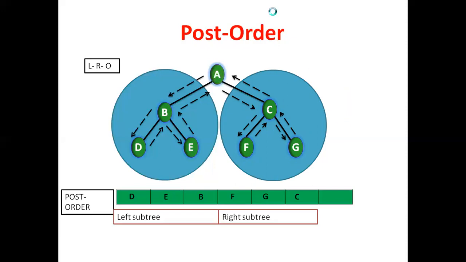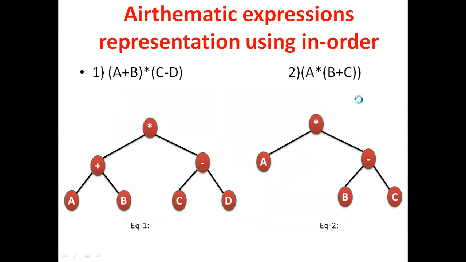So A is the last node of the tree. Got it? So this is the way we can insert the nodes and draw the post order. Observe the LRO formula: left, right, root.